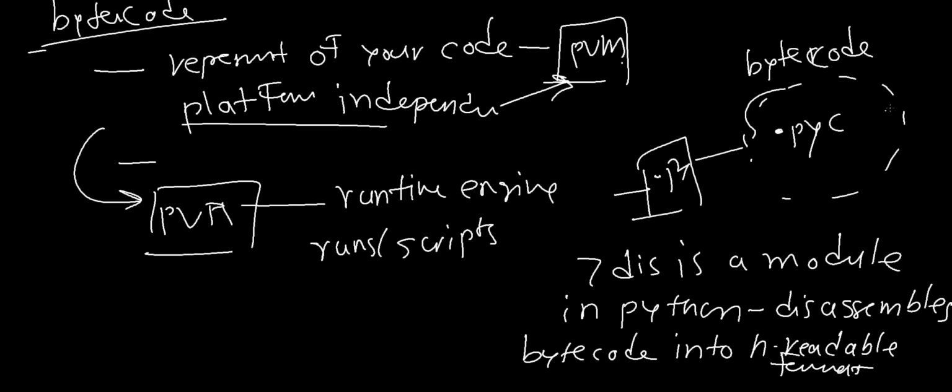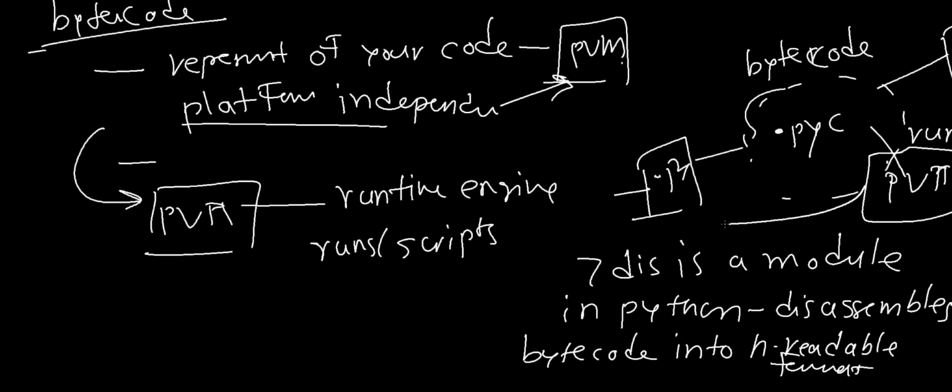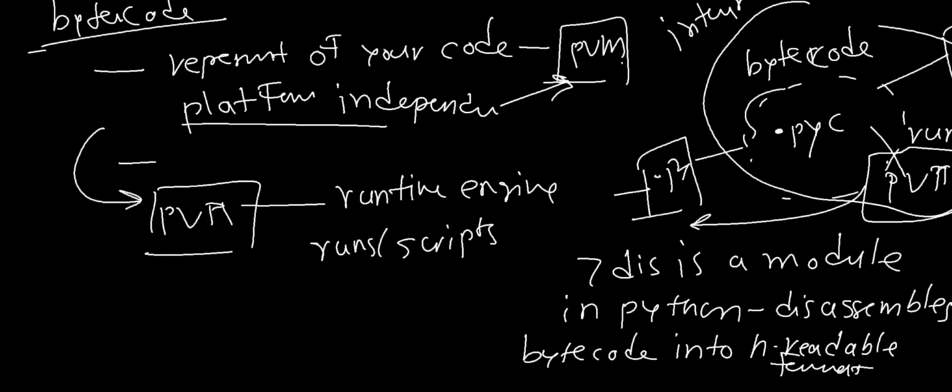It is saved by Python, and this is given to the Python virtual machine. It is the runtime, and it runs and gives you the output. So including both, we are saying that it's part of the Python interpreter. Thank you.